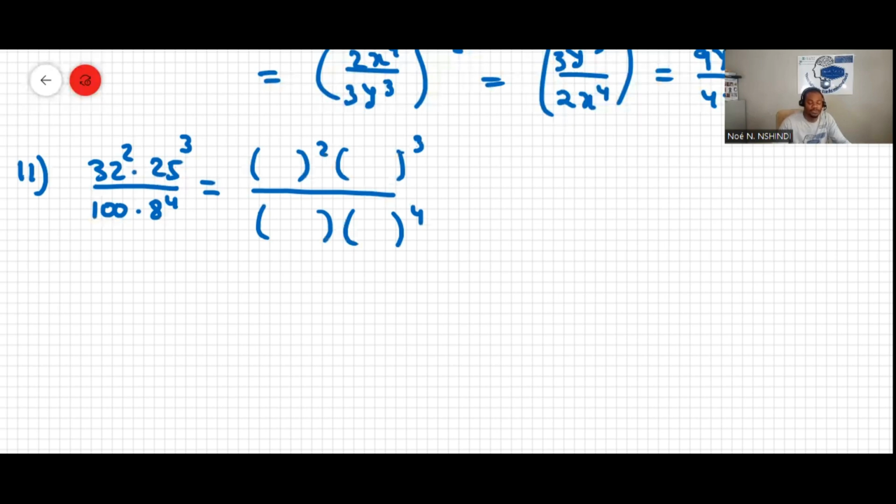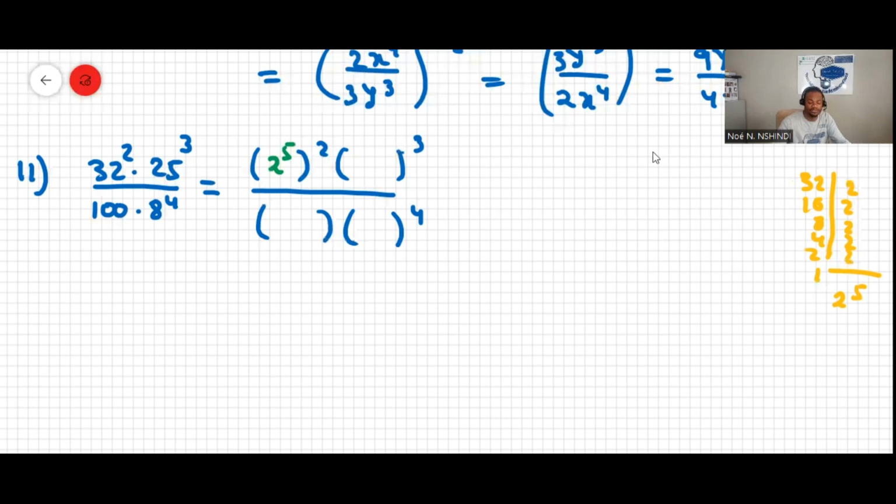So 32 in terms of prime factors is 2 to the power 5. If you're unsure, you can apply the factor tree. Remember, 32, divide by 2, 16, by 2, 8, by 2, 4, by 2, 2, by 2, 1, and then we count 1, 2, 3, 4, 5. So it's 2 to the power 5.